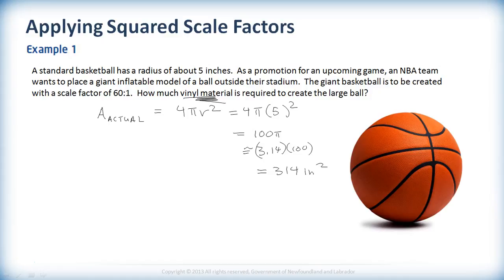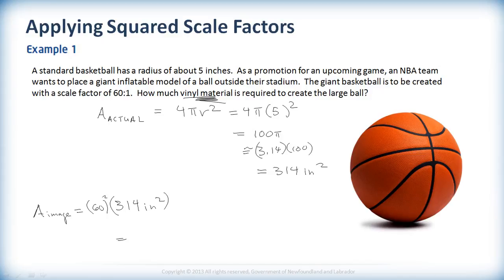Now, how much vinyl material is required? What surface area do we have on the large ball? I have to multiply my 314 square inches, the area of my actual ball, by the square of my scale factor, which is 60.